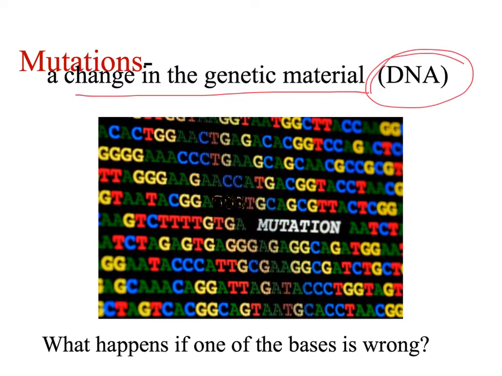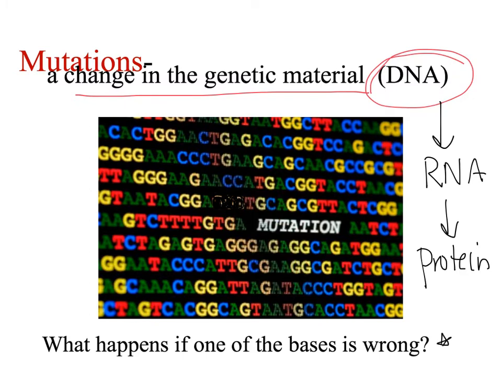And so everything around it would be red, but that's ultimately going to change, once again, the message in RNA, and then ultimately it's going to change the protein that we produce. So what happens if one of those bases is wrong? Well, it varies. It depends on the type of mutation, and it depends on where that mutation is. So we're going to look at that.